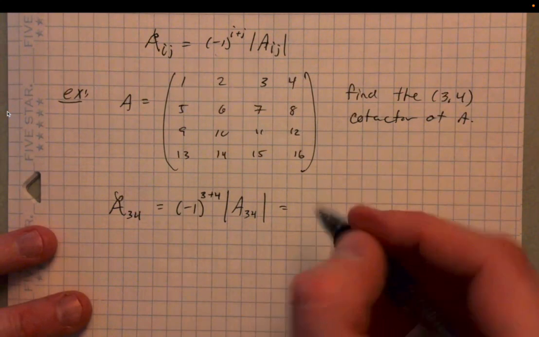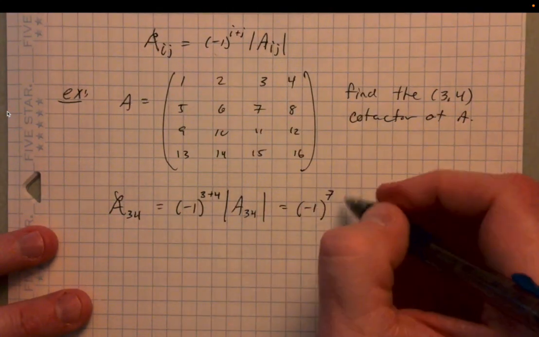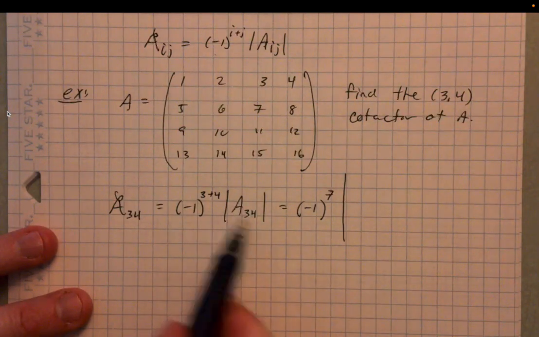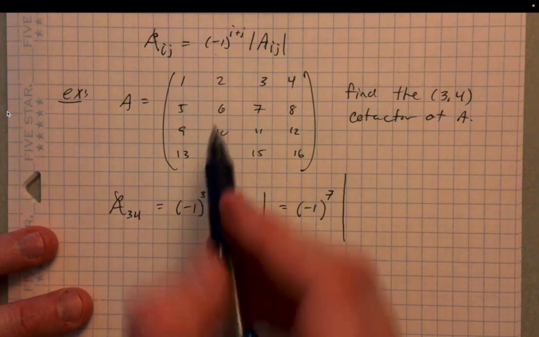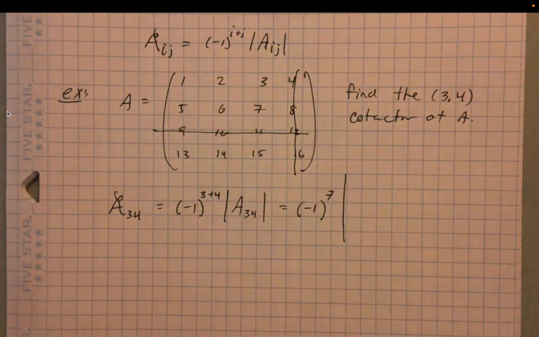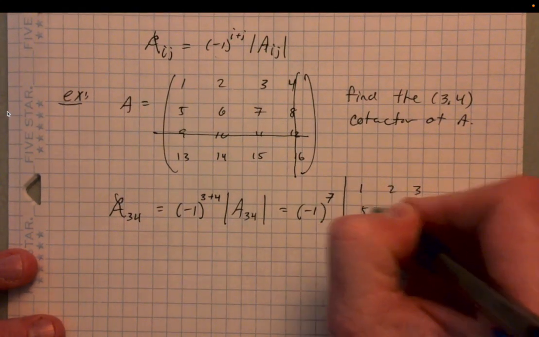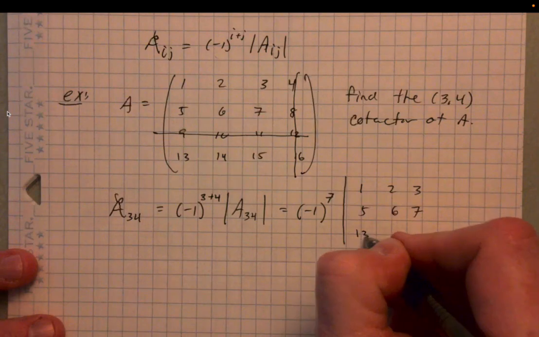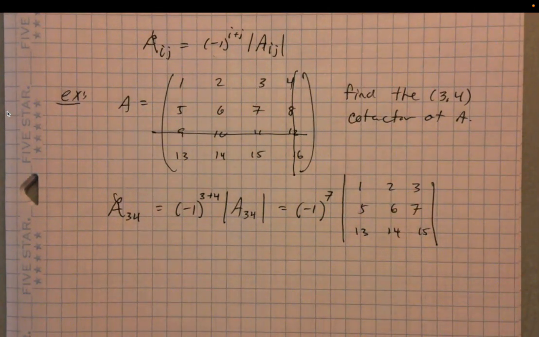I've got -1, and this is obviously the 7th power. Then this is going to be a submatrix A34, so that means third row out, 4th column, right? You can do this in your head or do it explicitly. This is going to be the matrix 1, 2, 3, 5, 6, 7, 13, 14, 15. And so this is going to be the A34 cofactor.